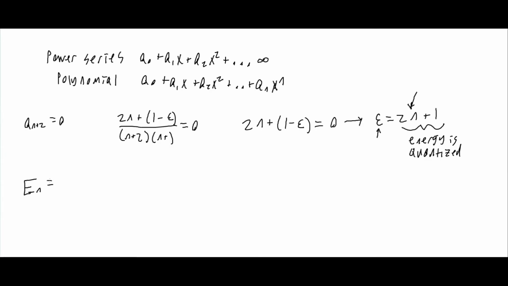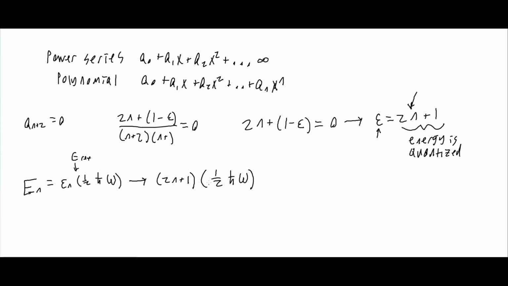And so we have our quantized energy equal to our epsilon quantized multiplied by our E ref, and we said our E ref was 1/2 h bar omega. And so we said that this epsilon n here was 2n plus 1, and so we have 2n plus 1 times 1 half h bar omega. And so this is what we end up with.